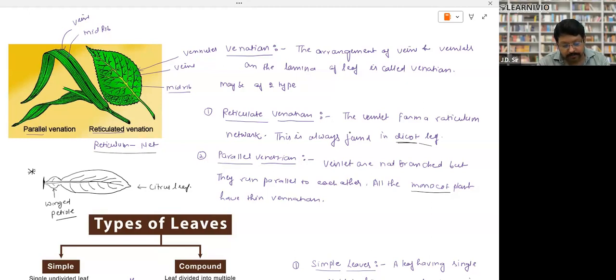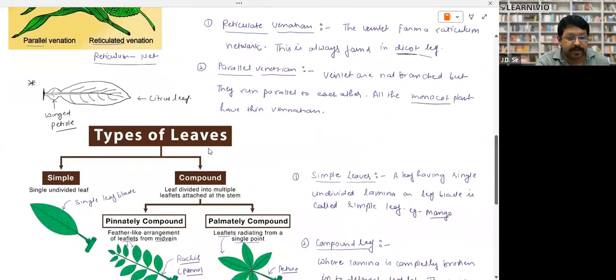It is called winged petiole. Full stop. So you will get the question: where are winged petioles found, or winged petioles are found in citrus, or the citrus plant has winged petiole? So this is the question. Clear? Got it? Winged petiole. Remember, very important.